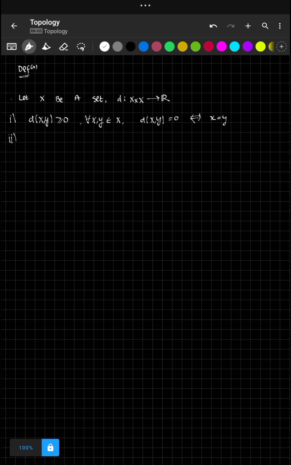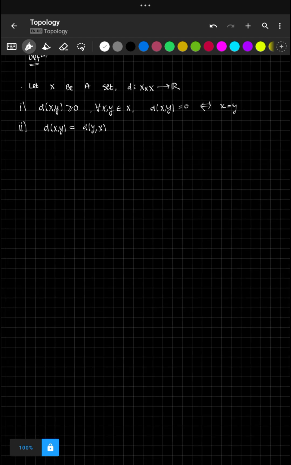The second property is that the distance between x and y is equal to the distance between y and x. This is the symmetry property.